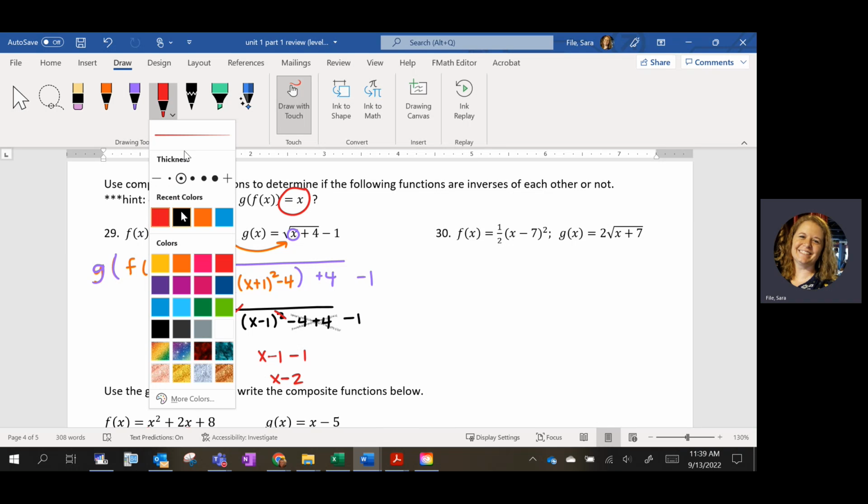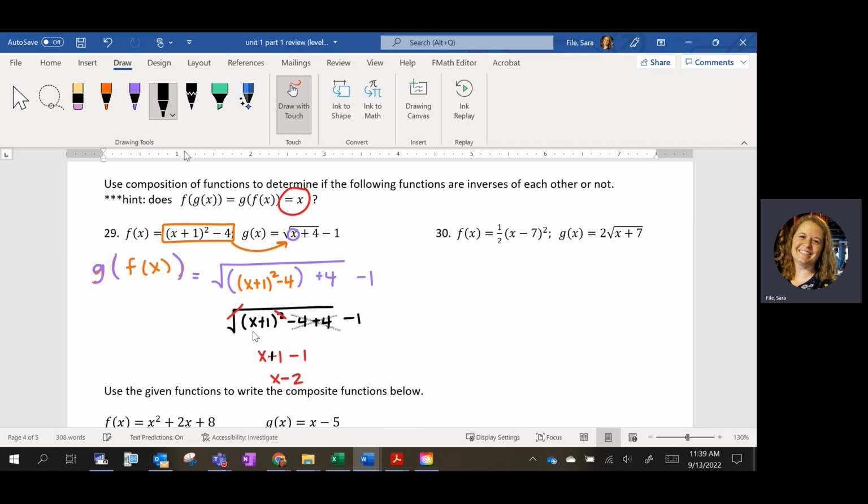So that is supposed to be a plus here and here, which would indeed cancel out and leave us with just x. So that one does work. It does give us equal to x. So yes, these are inverses.